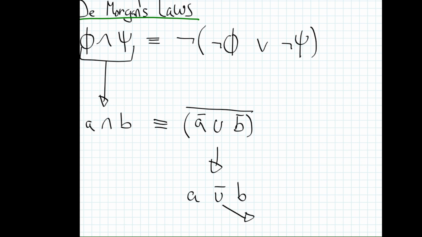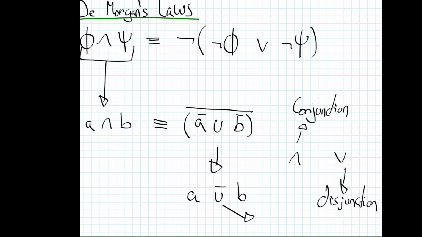And what is this exactly? The negation, these two are exact opposites. The conjunction and the disjunction offer precisely opposite results.